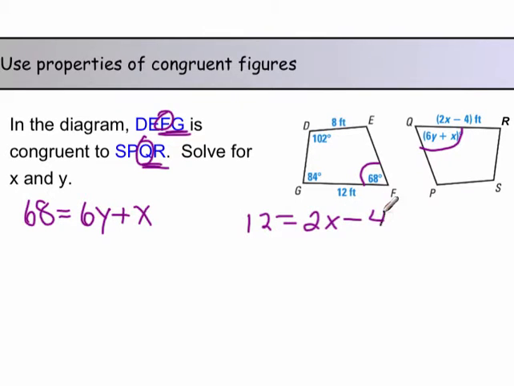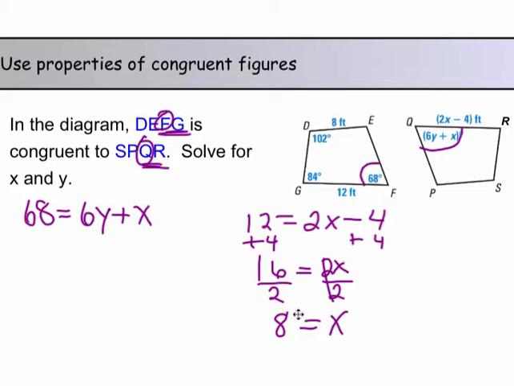Now this I can solve for x. So I would add 4 to both sides. 16 equals 2x. And then we would divide both sides by 2. So the 2's factor out, x would be 8. Okay? Now, since x is measured in feet, I would say 8 feet. Don't forget the label. Okay, so there's one part of our answer.